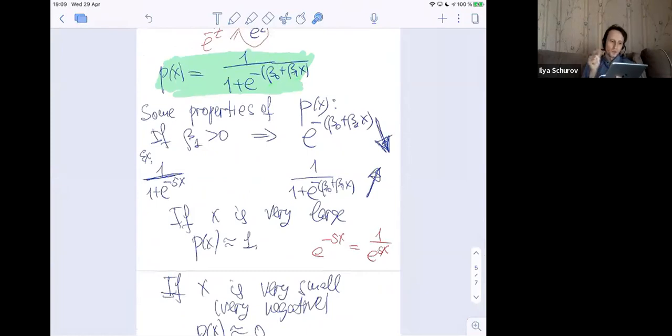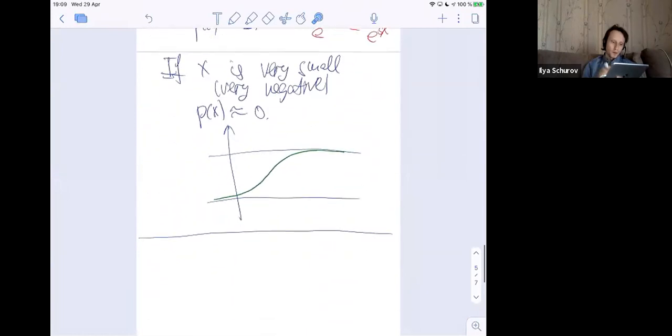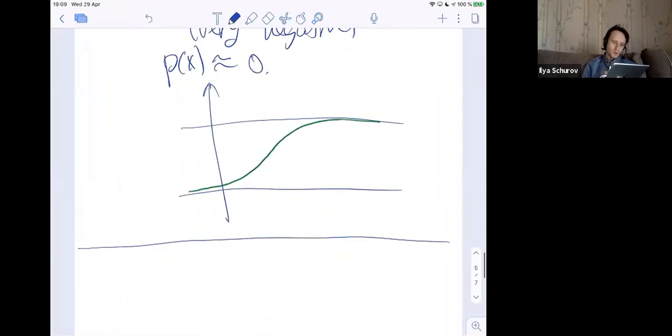So this is a two-parametric family, and it looks like the following.